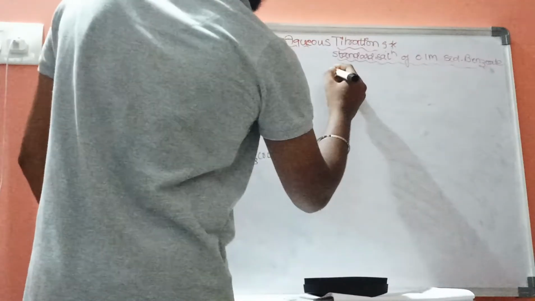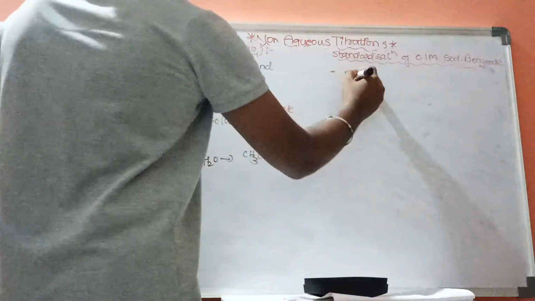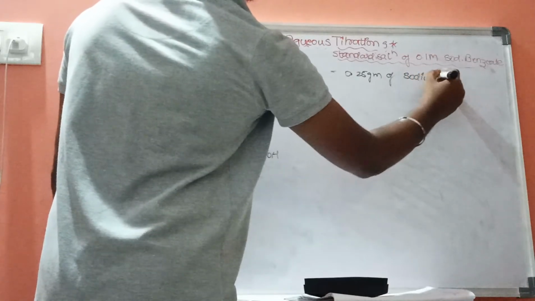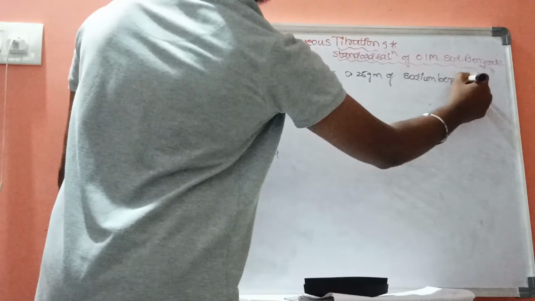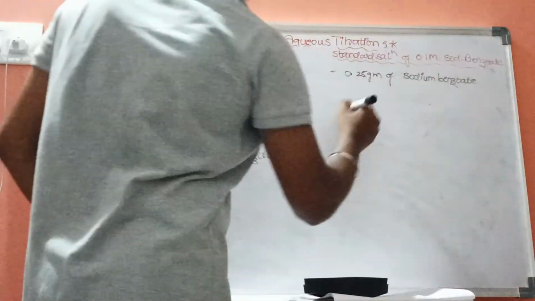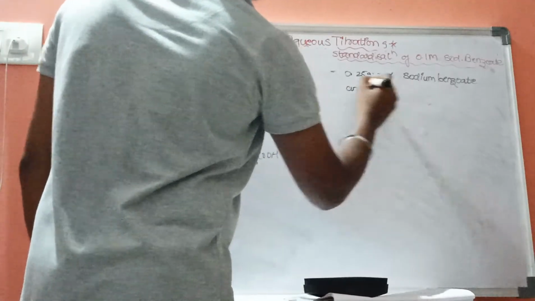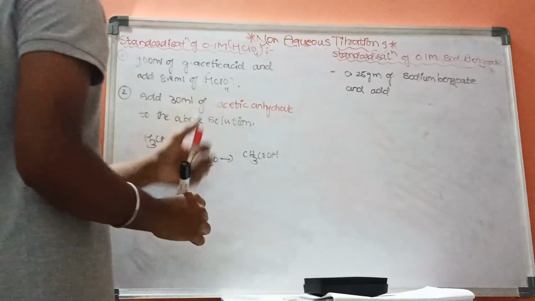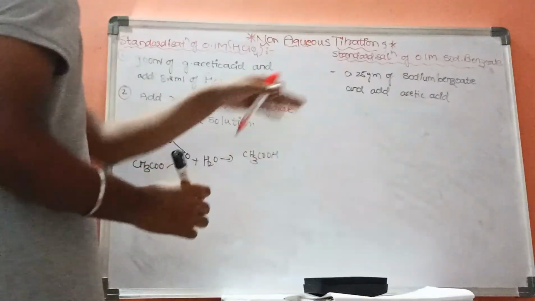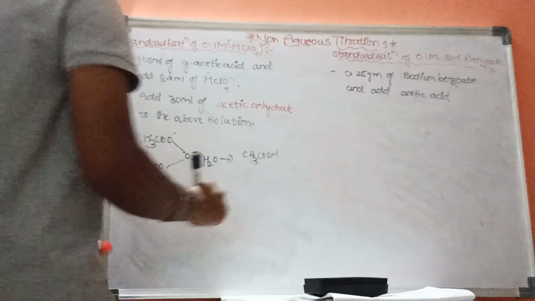For preparing this, firstly take 0.25 grams of sodium benzoate and add some amount of acetic acid and heat it. After heating, cool the solution and add indicator.